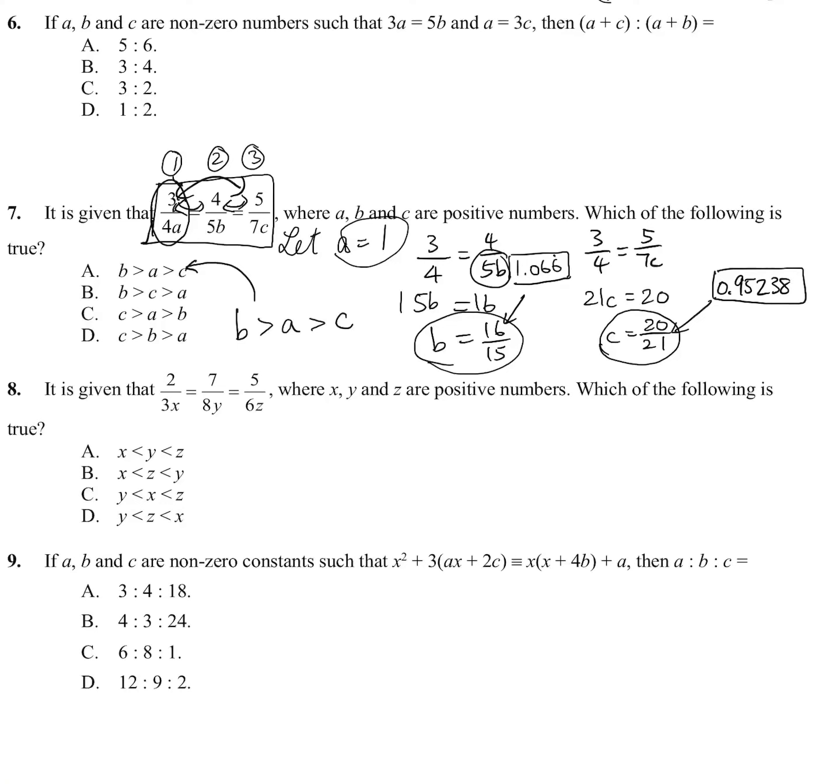So it's very clearly seen. The yellow one is the biggest value, followed by the orange value of 1, and then finally the purple value, which is the smallest. So therefore the biggest value is B, followed by A, and then lastly C. So that's the answer for A.